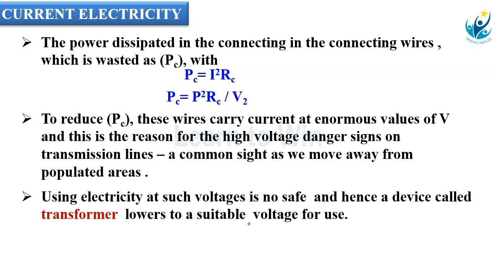That means the 2200 volt is converted into a lower suitable value for household purposes, that is 220 volt. For this purpose, we use a device which we call a transformer. A transformer is a device which is used to lower the voltage.